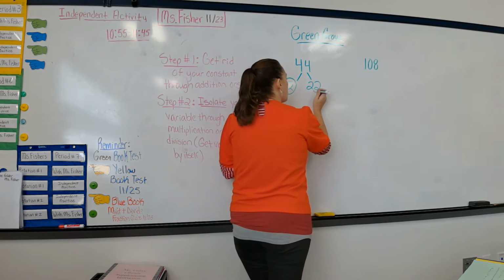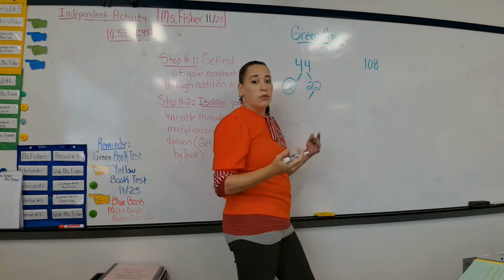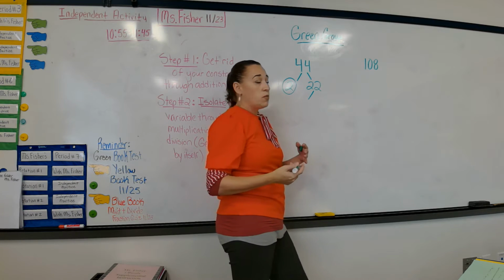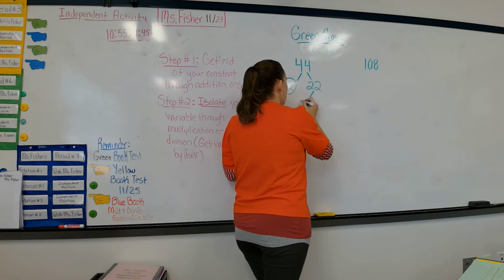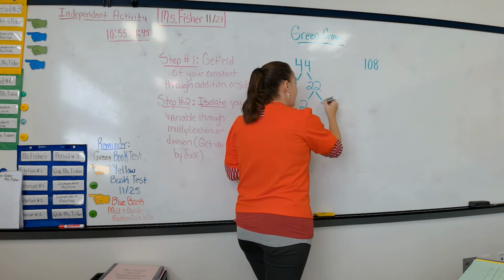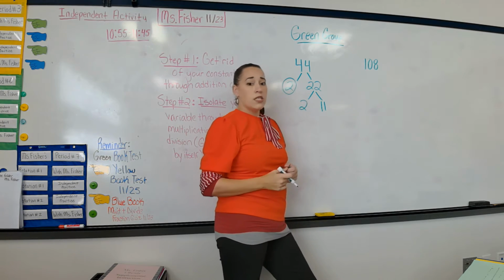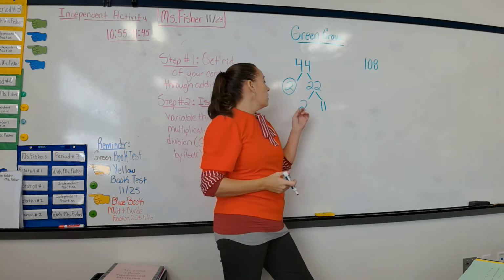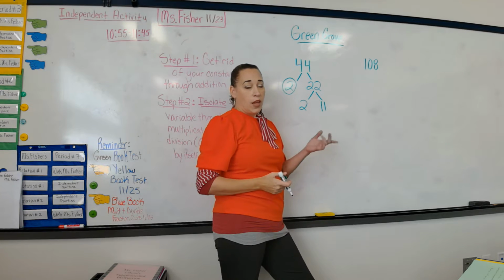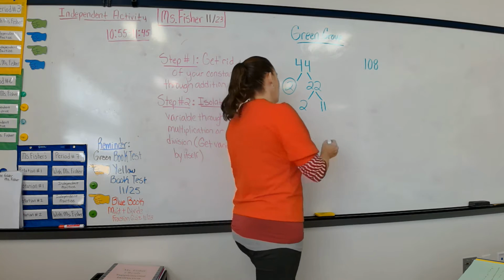Okay, so 22, if you want, we'll keep doing the 2's because that's what you're comfortable with. So I'm going to say 2 goes into 22 11 times. Okay, and this was a pretty easy one because 2 is a prime number and 11 is a prime number, so you're done with 44.